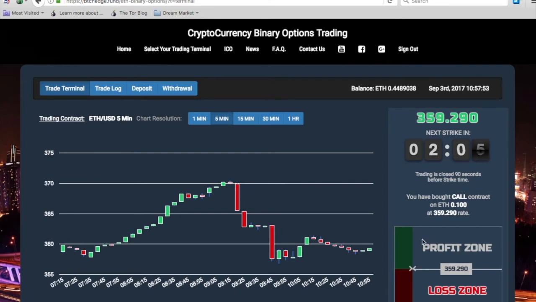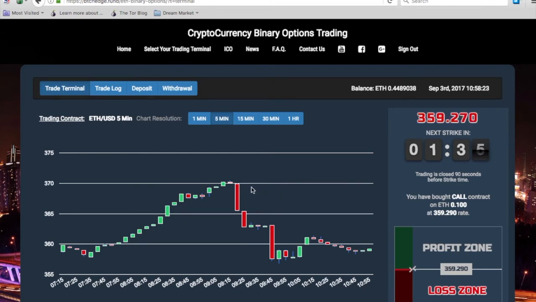And now here we have a more or less graphical representation of the profit and loss zones. Right now the price has not changed since my entry, meaning that I'm still in the loss zone, because I bet that the price will be higher, and it's not higher yet than my entry price, my fixed price.